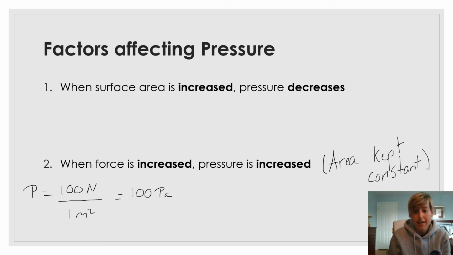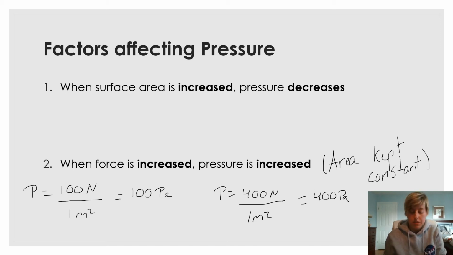Now, if I, let's say, quadruple the force, so instead of 100 newtons, it's now 400 newtons, and my surface area, I don't do anything to it, so it's the same, well then, my pressure undoubtedly is going to increase.